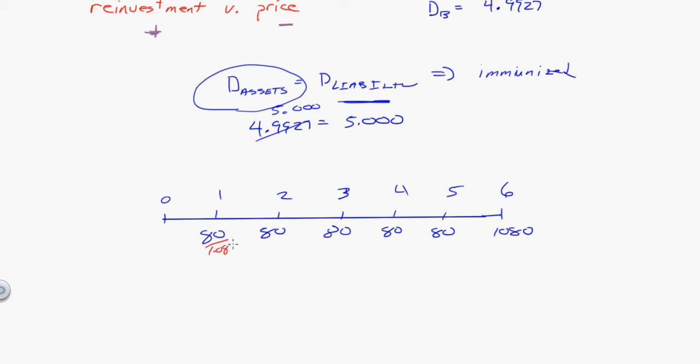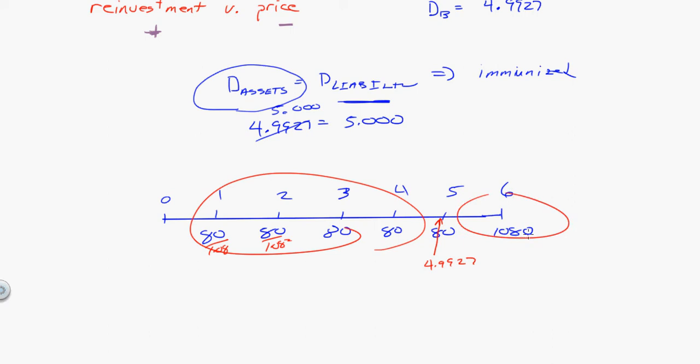So if I'm dividing by 1.08, 1.08 squared, and on like that, and if those were weights on a seesaw rather than cash flows, the duration is a weighted average life. That would come right under 5, 4.9927, and this would say there's just as much weight on this side as there is on that. It would balance the seesaw.